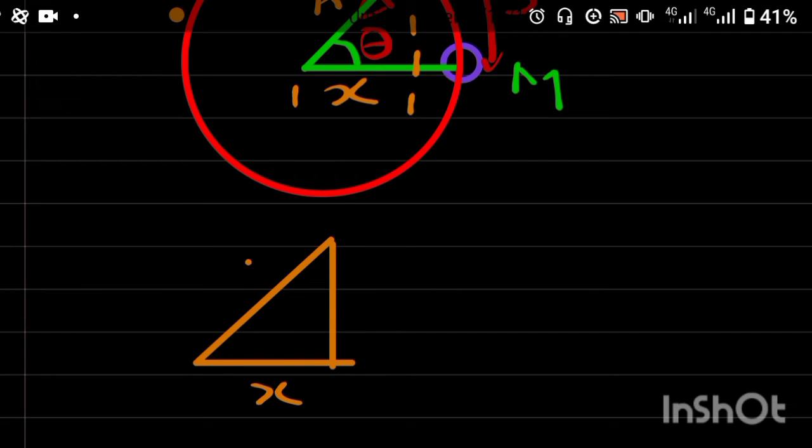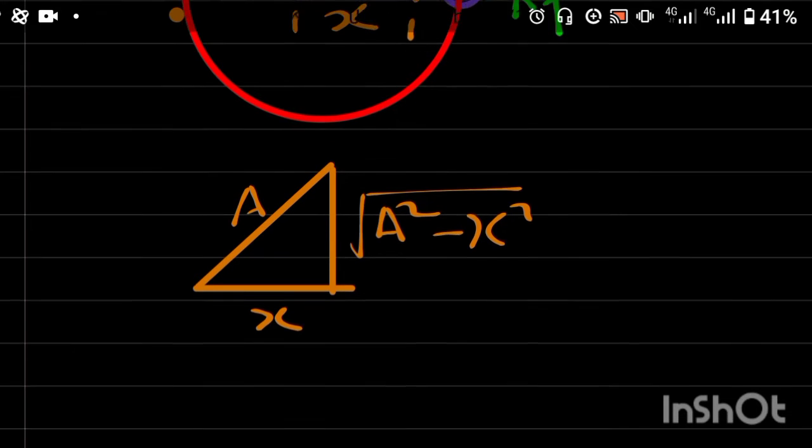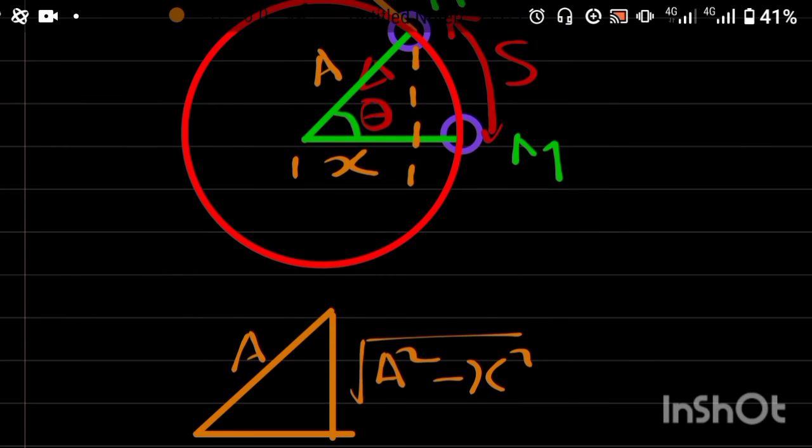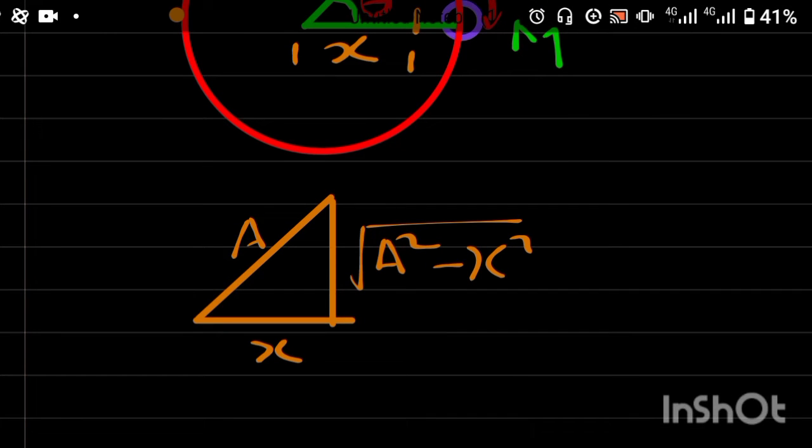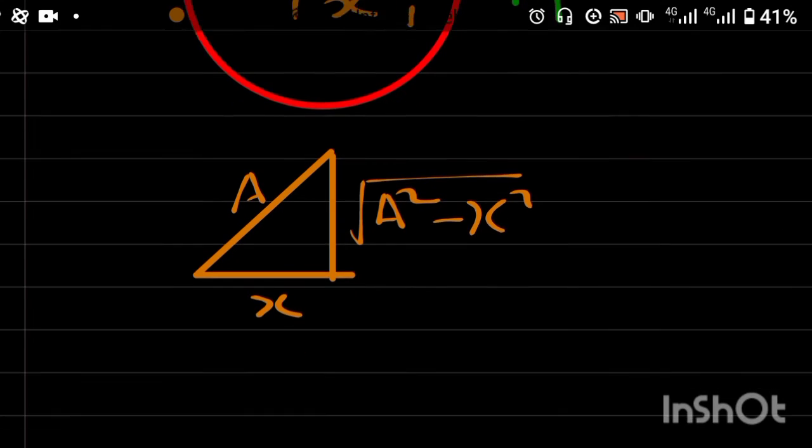This is my x. This is my A. This side will be y. This side will be equal to square root of A squared minus x squared. X is the displacement of the object at a particular time t, while A is the amplitude, which is the maximum displacement that is possible for an object that is moving along a circular path.